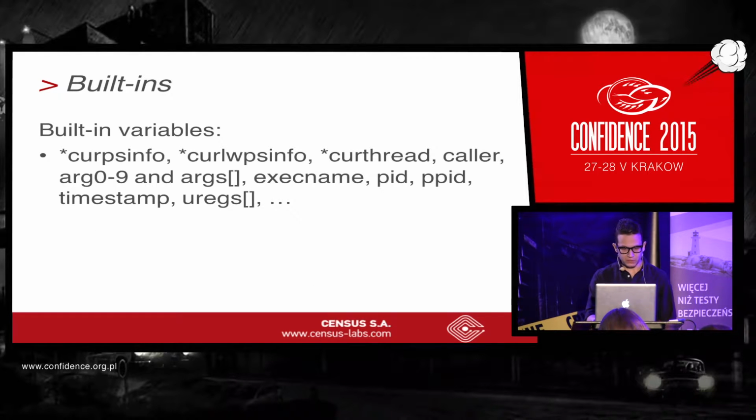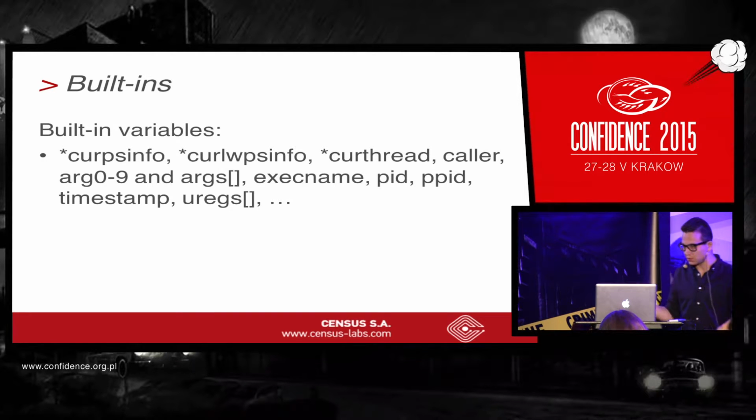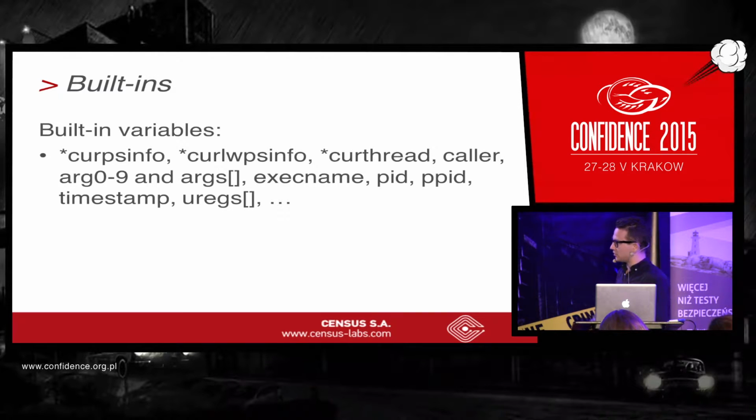Interesting built-ins. So for DTrace, of course, they needed to introduce some kind of functionality that you can use, some kind of additional data. And that comes in the form of built-ins. So you have three pointers to typical structures for processes and threads in Unix systems.